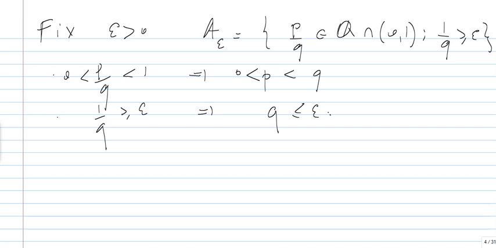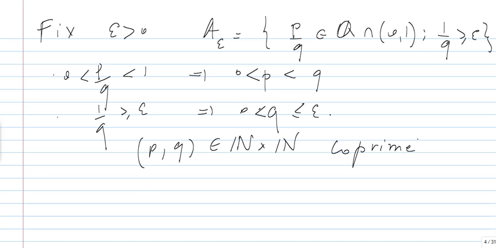So basically, what you are looking for is a set of integers p and q in N cross N, coprime, in other words in reduced form, such that p is less than q, q is less than or equal to 1 over epsilon, and p is greater than 0.